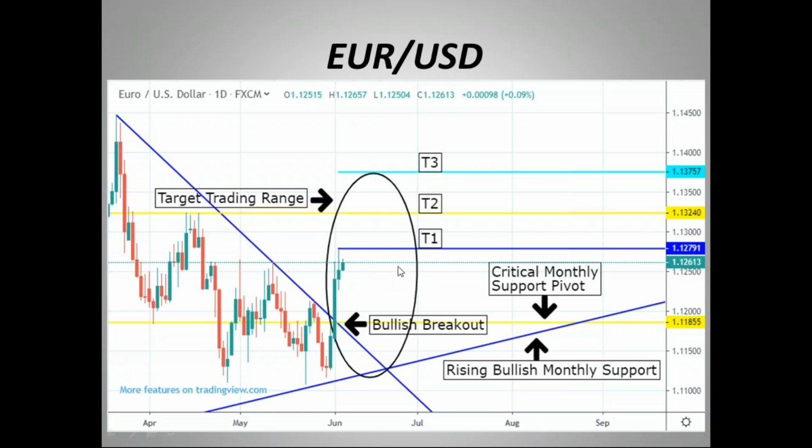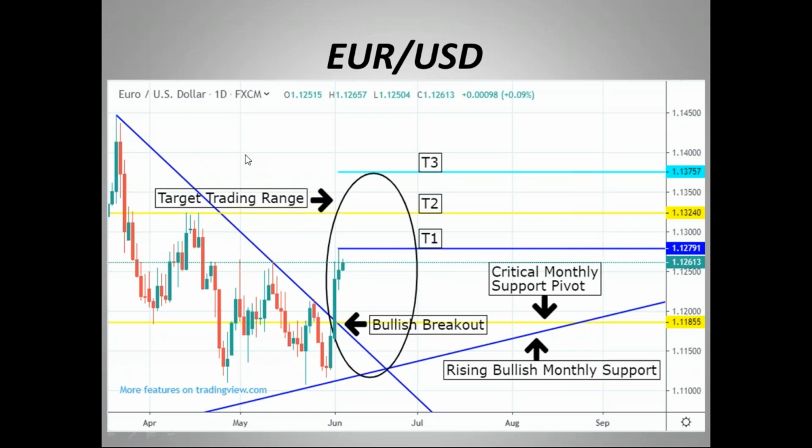That being said, key off that pivot and look for the T1, T2, and T3 to be the upper extremes of any surges to the upside. Most likely you're going to see over the next couple of weeks, even after the numbers come out, that in this big elliptical area, that's going to be your range, basically from the 111.85 area up to about the 112.5 to 113 area.